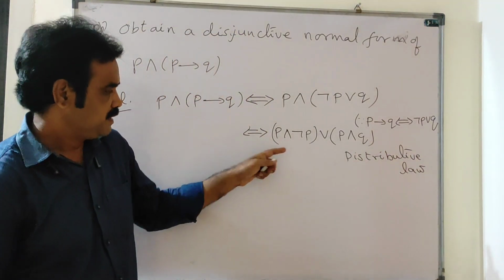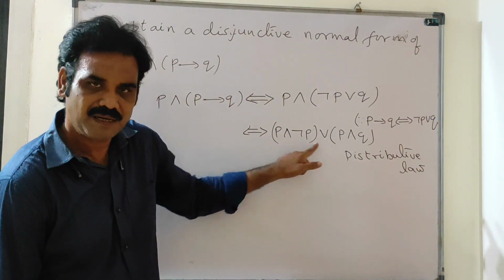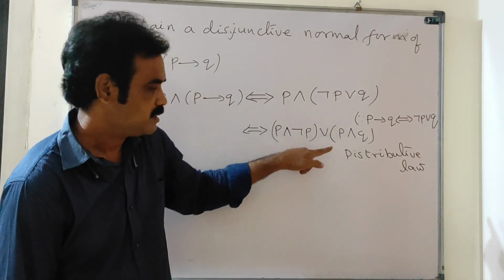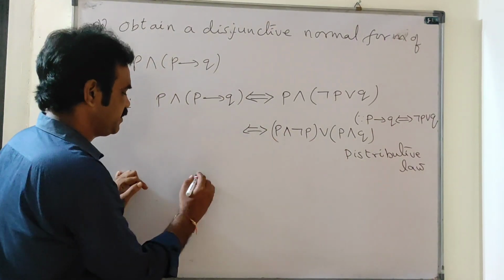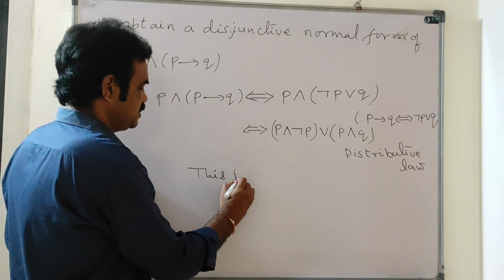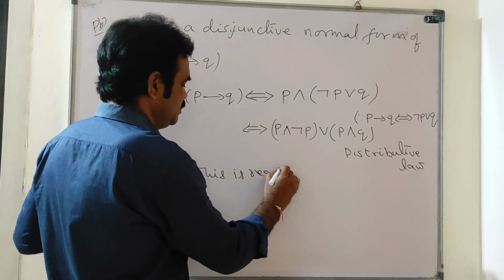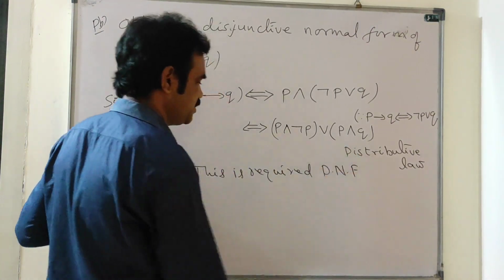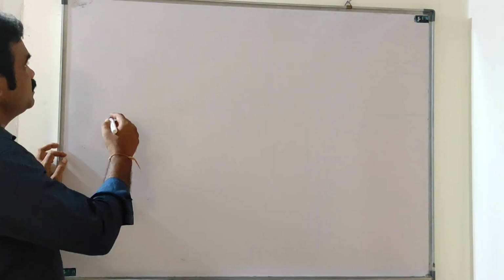Now see this. This is a disjunction of conjunctions or a sum of elementary products. These are elementary products. Sum of elementary products, and hence this is the required disjunctive normal form. Okay.